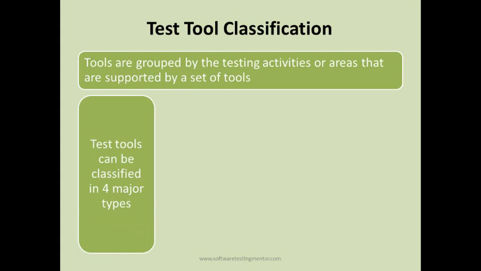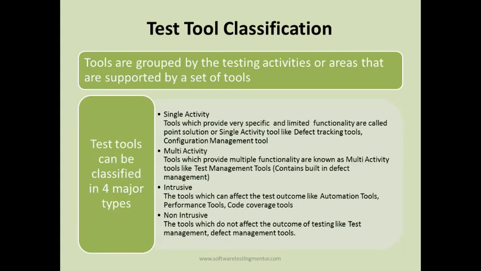So test tools can be classified in four major types. You can say single activity test tools, multi-activity, intrusive, and non-intrusive. Single activity tools are the tools which provide very specific and limited functionality, a single point solution.